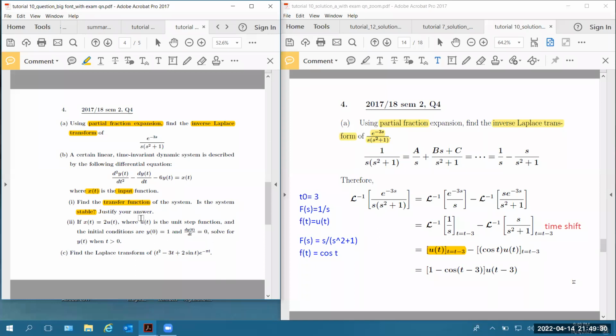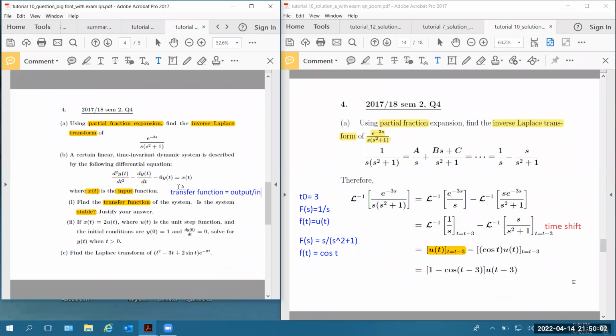So first thing you want to find the transfer function. Now transfer function, as we know, is what? You still remember or not? Transfer function is equal to what over what? Yeah, class, what is it? Output over input.